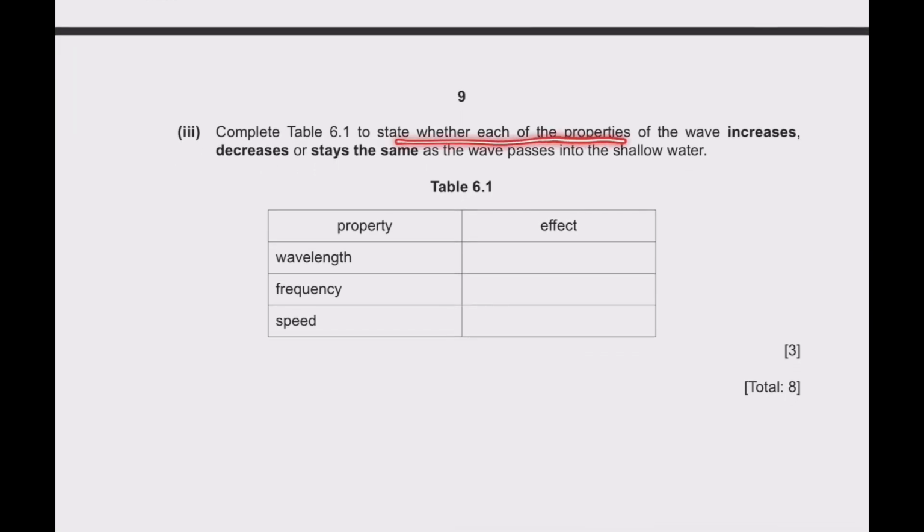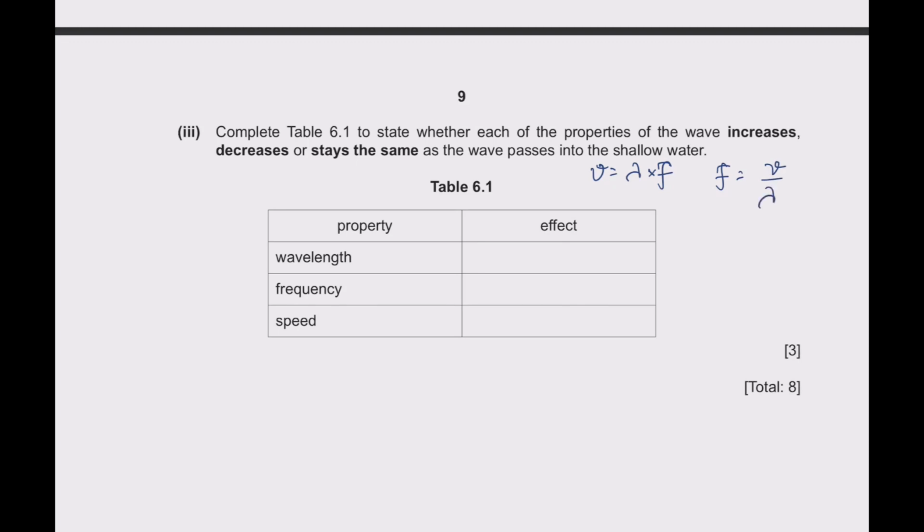Now the third part: whether each of the properties of the wave increases, decreases or stays the same as the wave passes into the shallow water. Wavelength, frequency and speed. We know the wave equation, speed is equal to lambda into frequency, or frequency is v upon lambda.